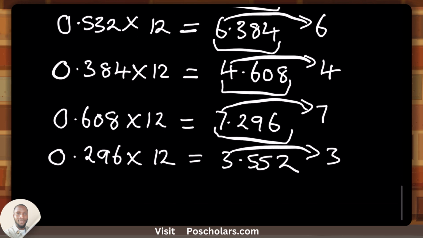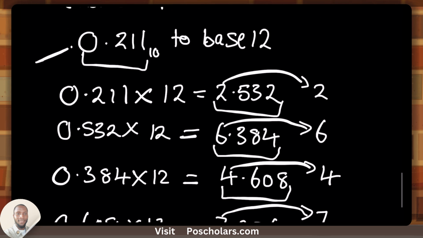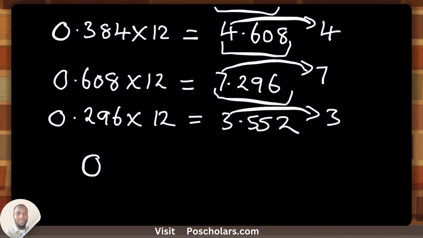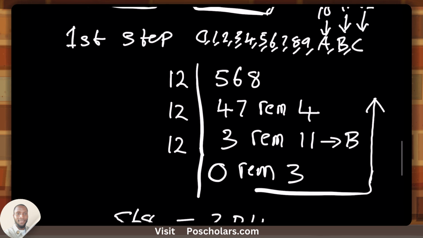So how do you present your answer? Remember, this is the focus, this is what we want to convert. You now say 0.211 base 10 is equal to, you write out the extracted digits from top to bottom, unlike this one.